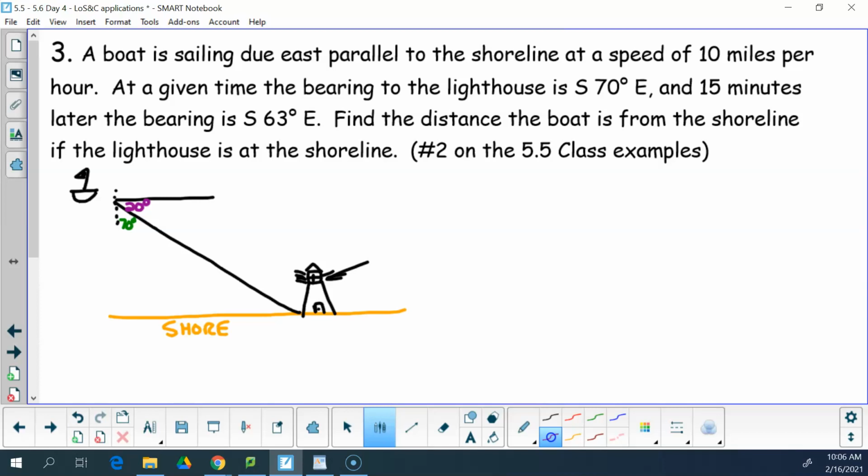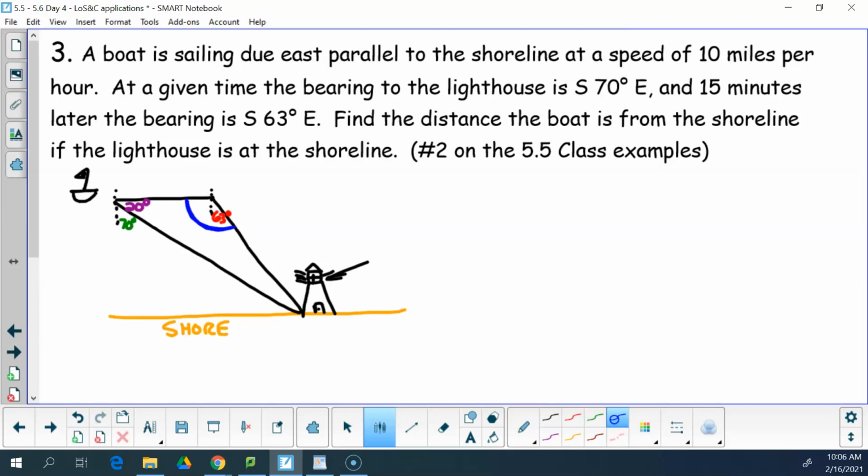15 minutes later, now the boat is here, and now the angle is 63 degrees, which means this whole angle, how big is this whole angle here? How big is the blue angle? 153.